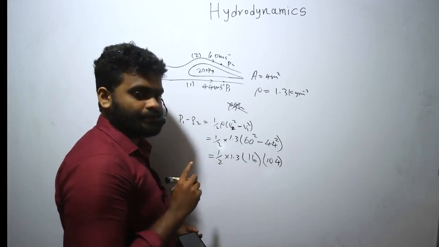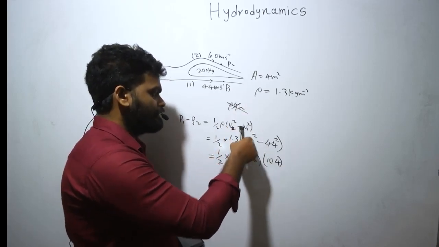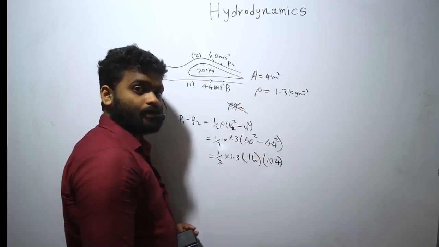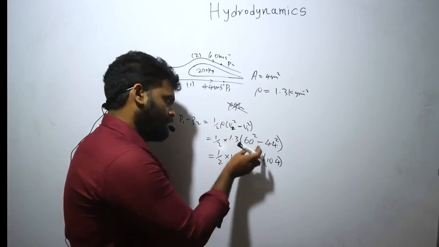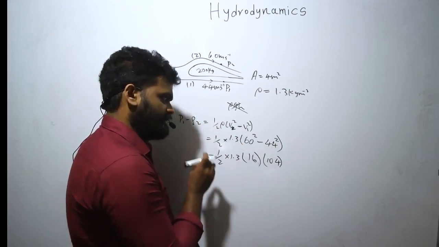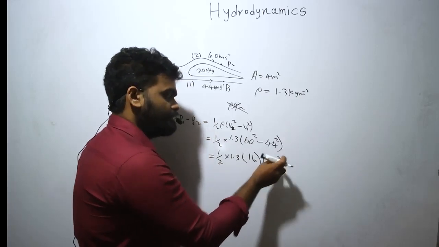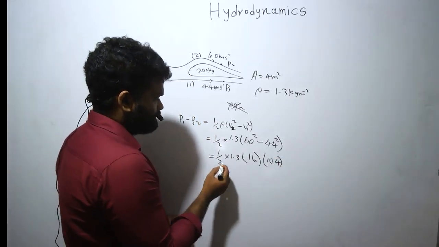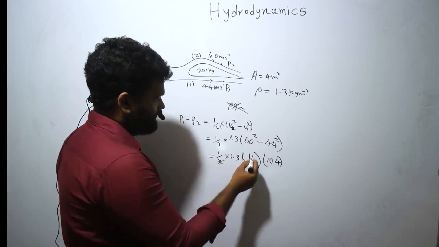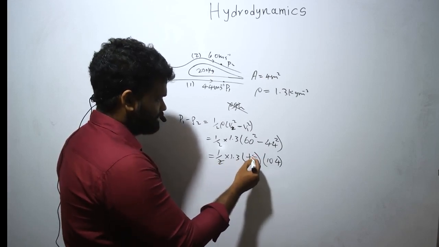You have to use those, right? Don't just square and subtract. You have to be smart when you are doing calculations. 60 minus 44 is 16. 60 plus 44 is 104. Right. Now I'll divide this one. 16, 8.